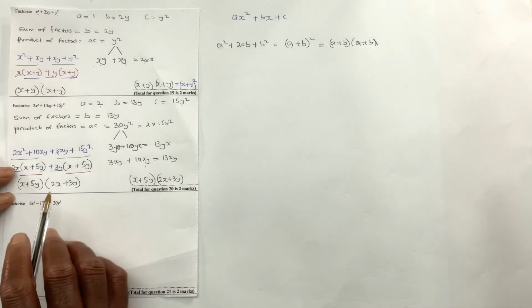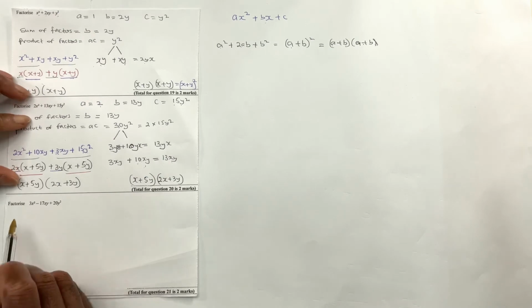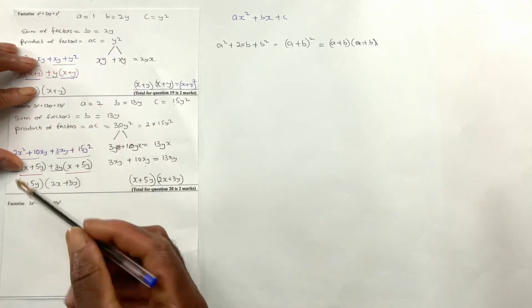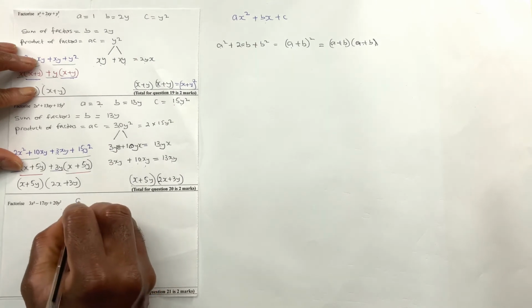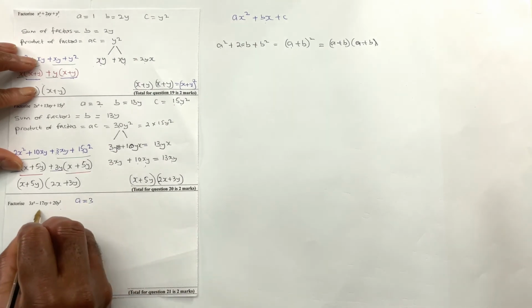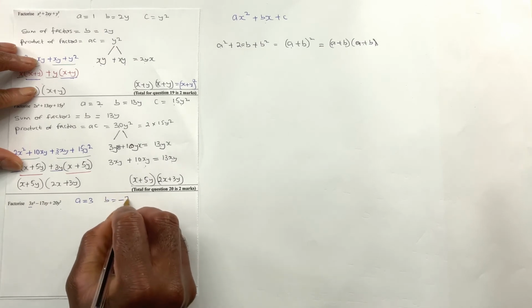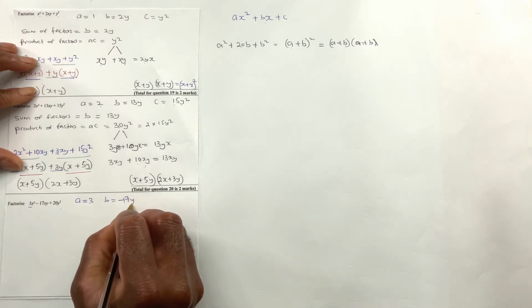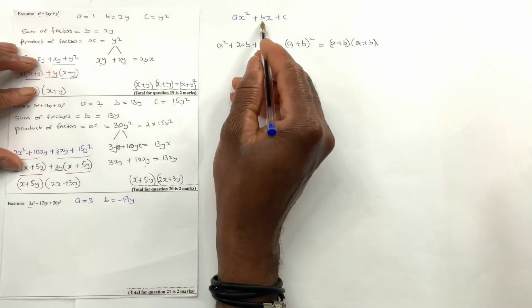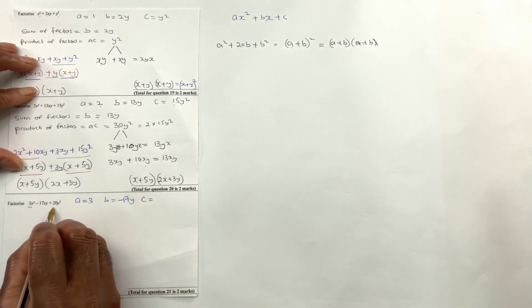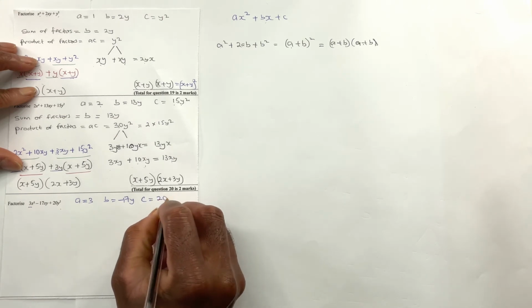Okay, the final one is to again factorize that. Again, apply the same thing. A is 3 in this case, B equals minus 17y because I'm comparing with that, and C equals 20y squared.